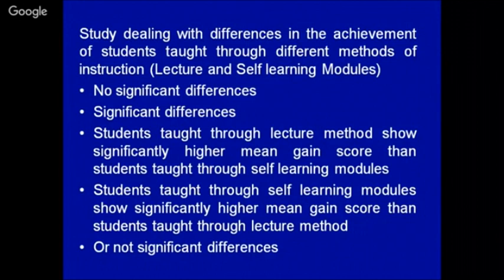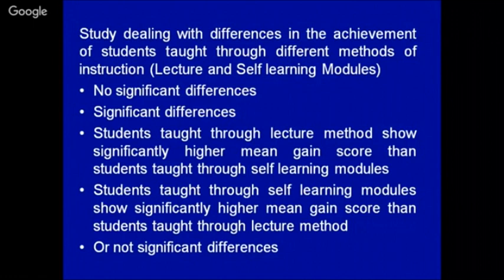students taught through different instructional methods. One group is taught through the lecture method, another through self-learning modules. Now here, one could be that there is no significant difference in the achievement of students taught through lecture and self-learning modules. Or there are studies which say there are significant differences in the achievement of students taught through lecture and self-learning modules.